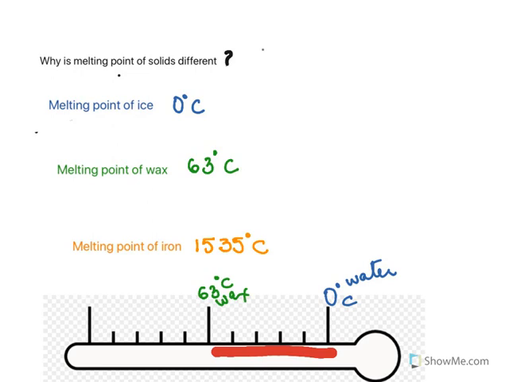And we see that the iron melts at a temperature of 1535 degrees Celsius. So from here, once wax is melted, we've got to supply more heat and reach 1500. Then the iron begins to melt.